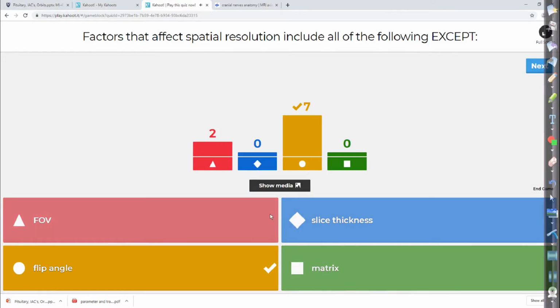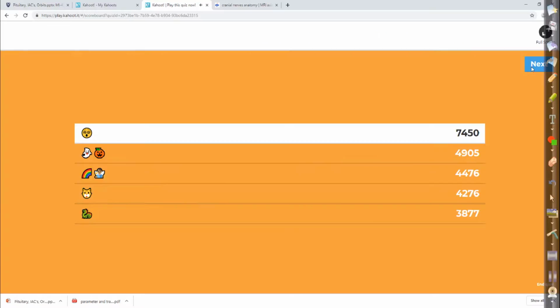All these were dealing with the voxel volume except for flipping. Oh, that's a contrast mechanism.